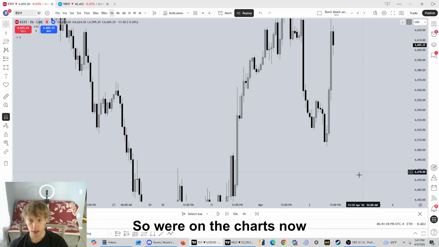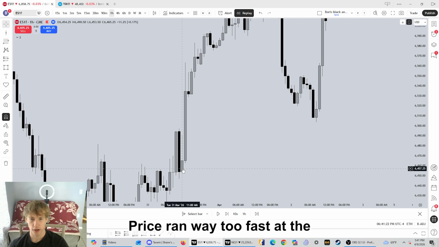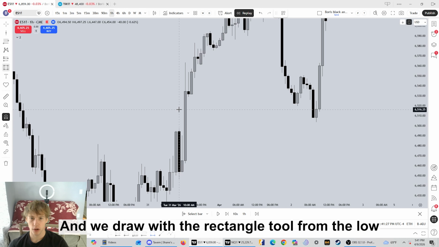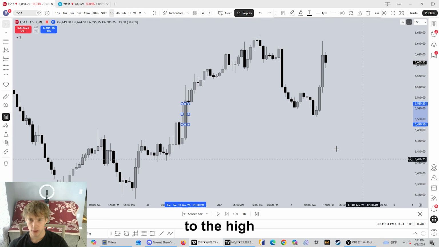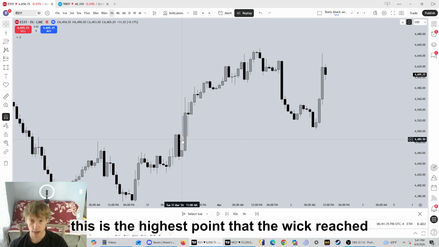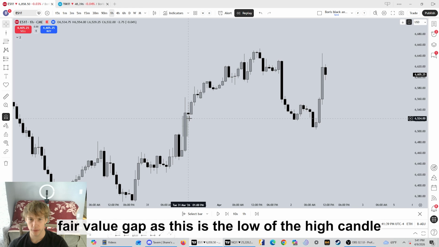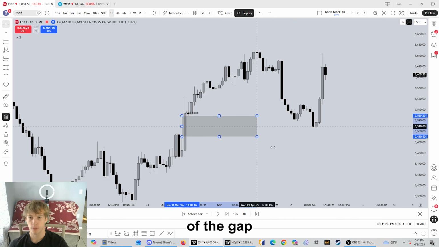So we're on the charts now. Right over here is what you would call a fair value gap. Price ran way too fast at the 12 p.m. candle, and we draw with the rectangle tool from the low to the high. Right here is the low of the fair value gap, as this is the highest point that the wick reached, and right here is the highest part of the fair value gap, as this is the low of the high candle of the gap.